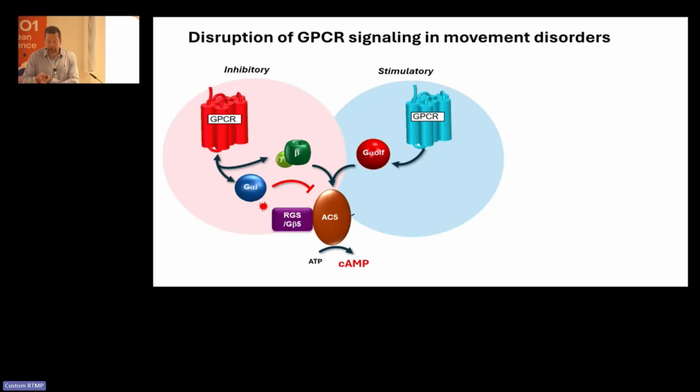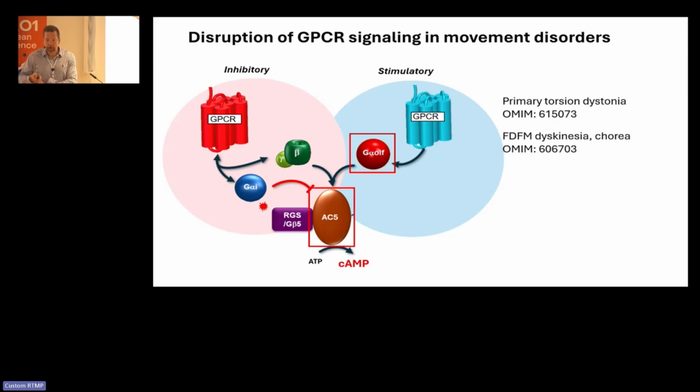What's important to recognize here is that nearly all of the elements in this network contribute to phenotypically similar disorders. The first mutation that my group was involved in, back in 2013, which was our entry into this field, is the mutations in the stimulatory G protein in this network called GNAL that causes a primary dystonia.